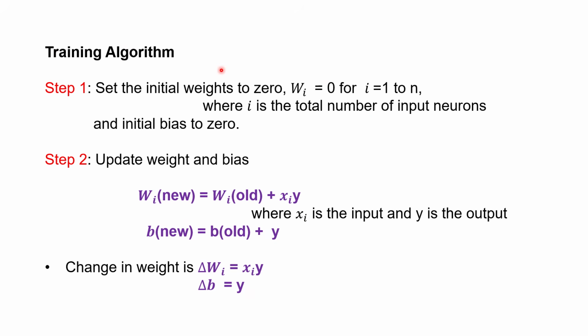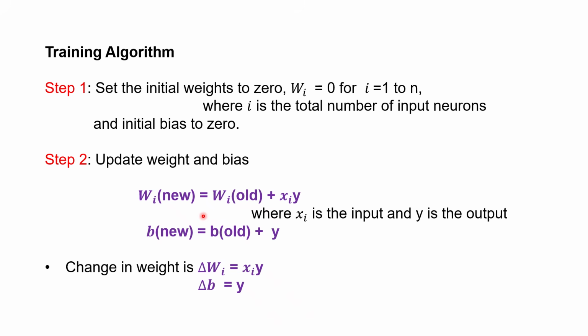The training algorithm of Hebb's rule is given as follows. Step 1. Set the initial weight to 0. Wi = 0 for i = 1 to n, where n is the total number of input neurons, and the initial bias b = 0. Step 2. Update the weight and bias.